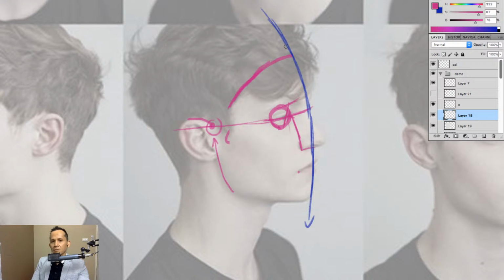So it's roughly here. Don't really need it to be there, but that's okay. It's a rough estimation that'll help me gauge this distance, and this distance. We want that. So now I have that. I can start to place the features.